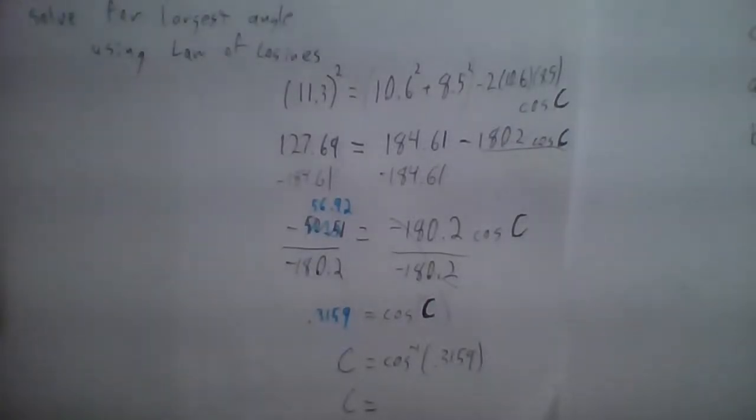And it'll end up in the right quadrant. That's why we're trying to take care of that now, because inverse sine's not as good at handling them. But 0.3159, you get a pretty big angle, but it's a first quadrant angle. Should come out 71.6 degrees.